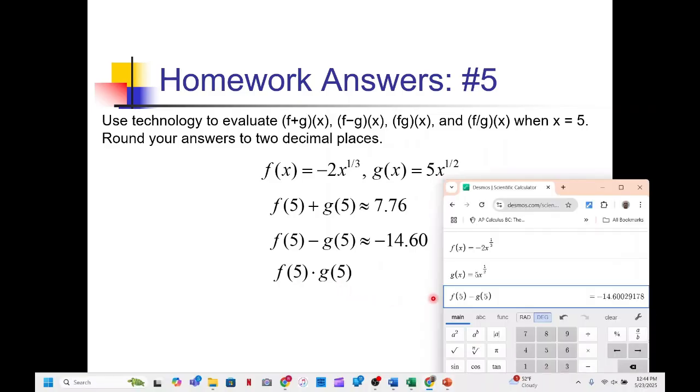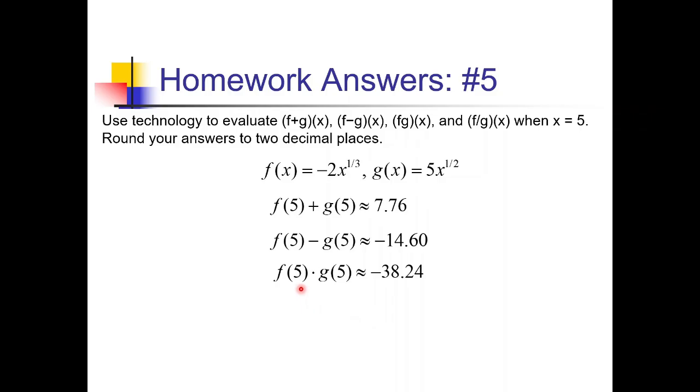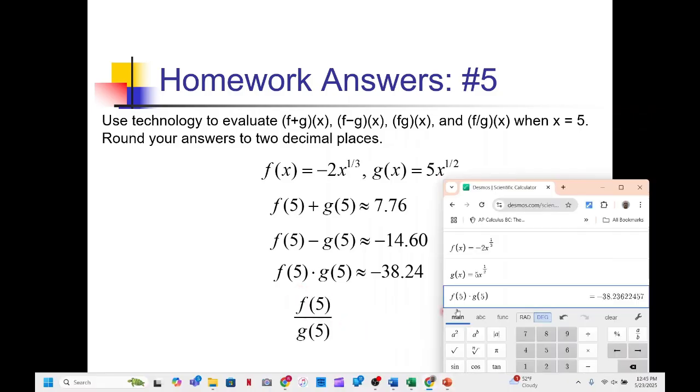So let me replace the minus with a times, and now that's negative 38.24. And finally, f of 5 divided by g of 5. For this one, I have to just make a fraction. So fraction f of 5 and then g of 5 in the denominator. And that comes out to negative 0.31.